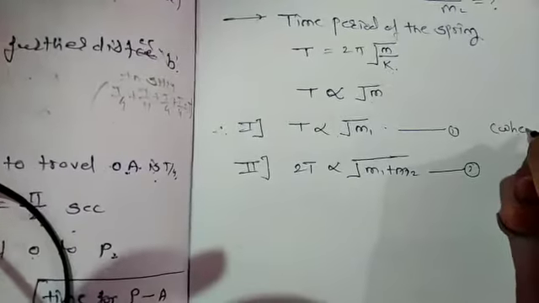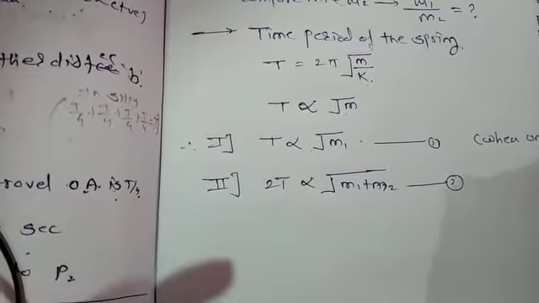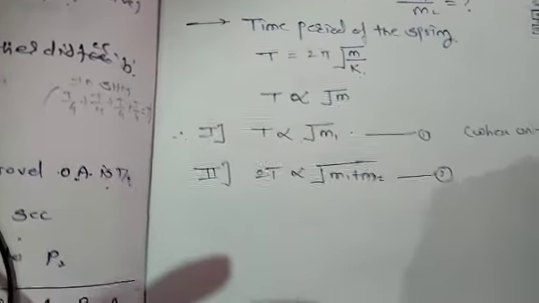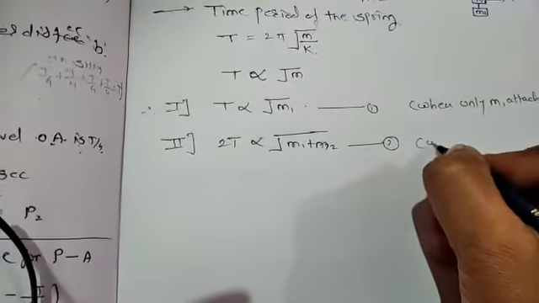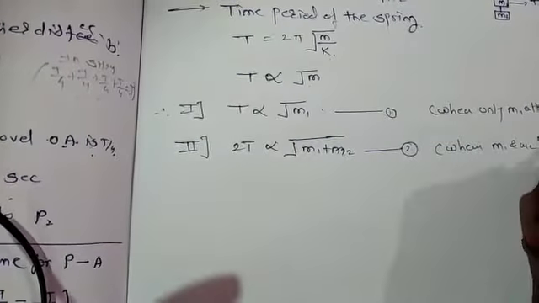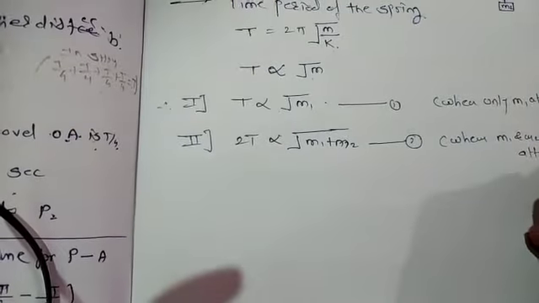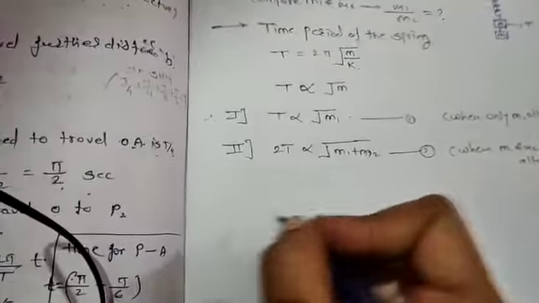It is equation number 2. When only m1 is attached, and when m1 and m2 both are attached, right? So this is equation number 2.